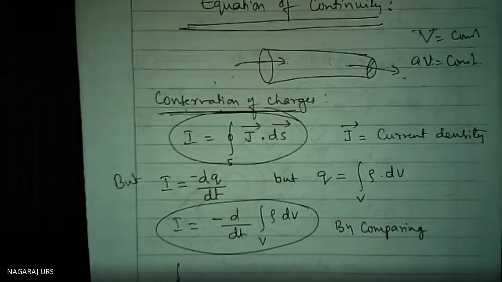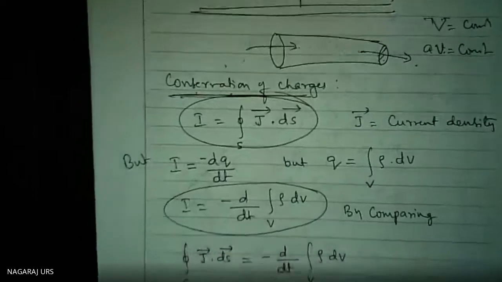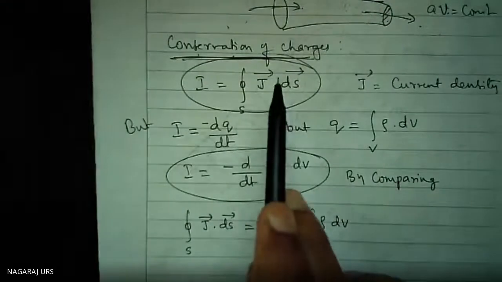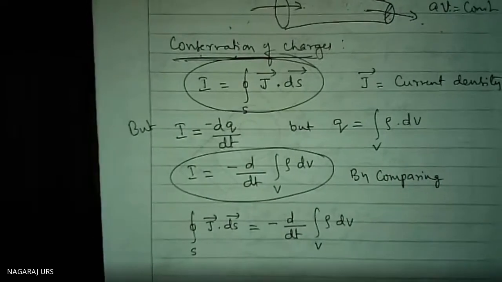Therefore, the closed surface integral of J dot ds is equal to minus d by dt of the volume integral of rho dV. I can equate these two now, and therefore we get this.